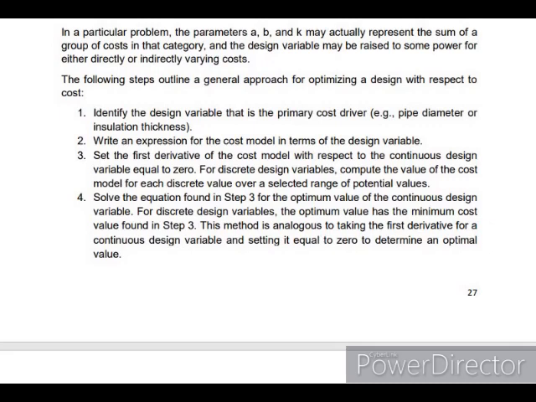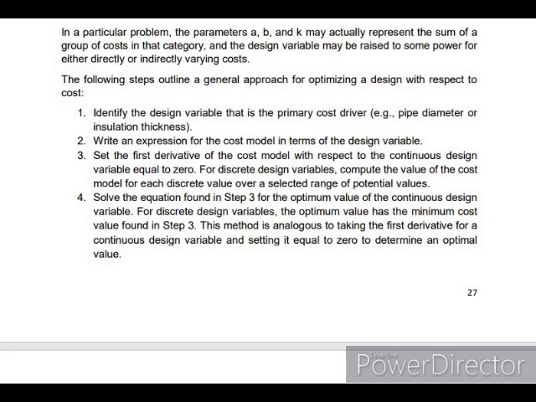Next, step 2, write an expression for the cost model in terms of the design variable. So here in step 2, we will now make our equation. Okay, so equation or expression in terms of the design variable. So it is about making a cost model.